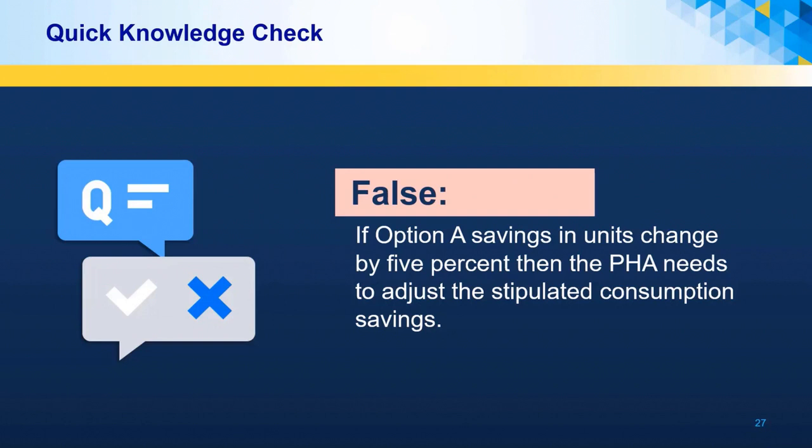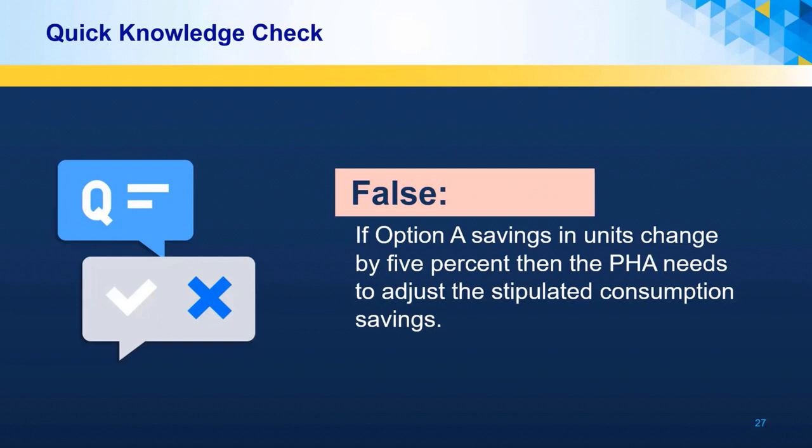However, if there is a difference between the estimated consumption as approved by HUD and the consumption savings from the sampling immediately after the installation of over 10% on average, the ESCo must adjust its stipulated consumption savings and associated RPU allowances to reflect as a percentage the average difference in savings between the existing stipulated savings and the savings determined by the sampling data results.